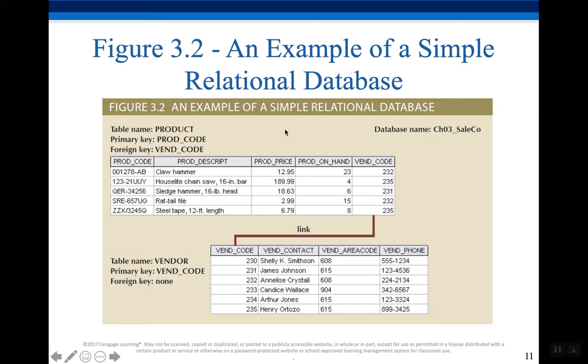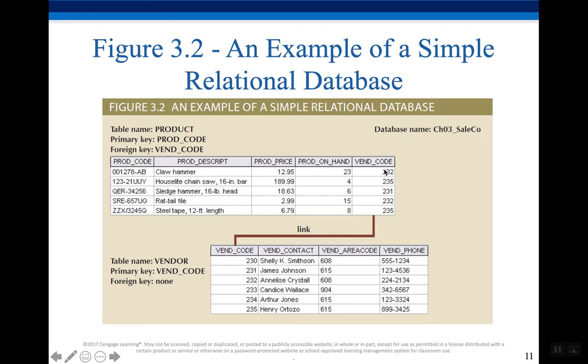So, say for example, here in this table we have vendor 232. We look here, that's Annalise Cristal, the vendor contact for that vendor code, and that's their phone number.